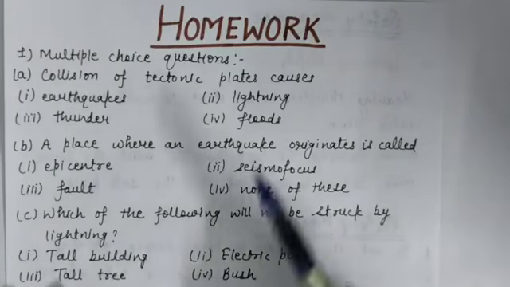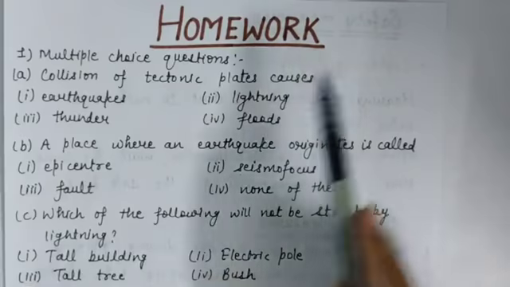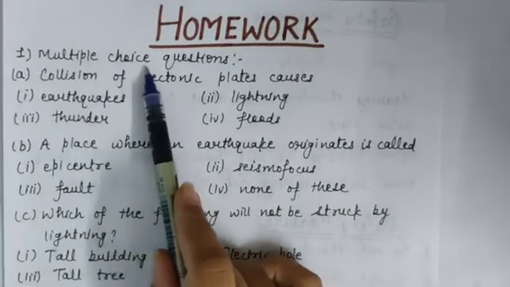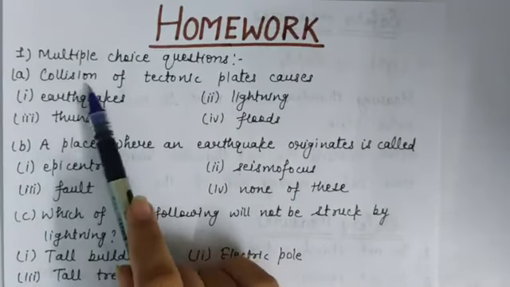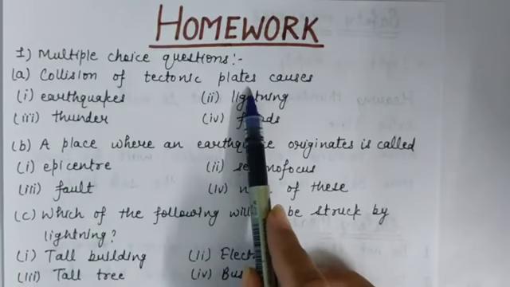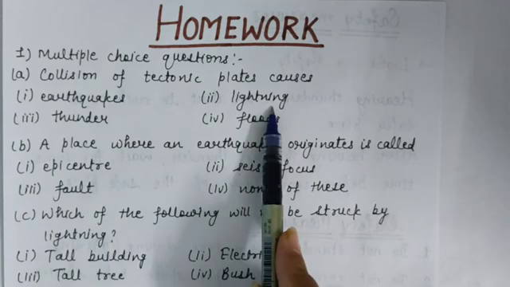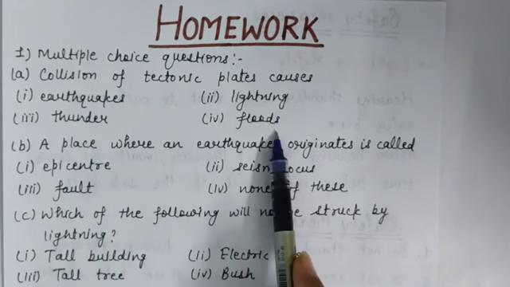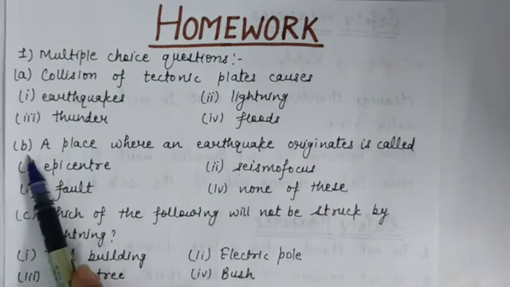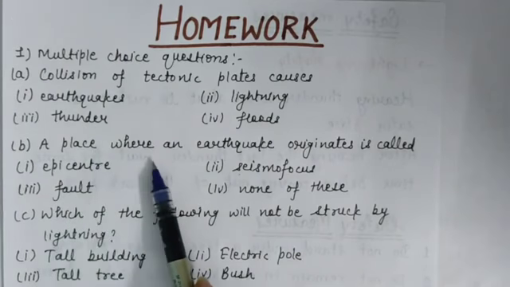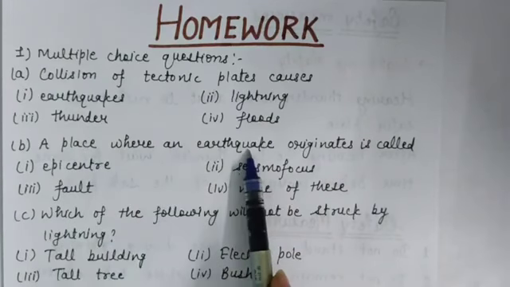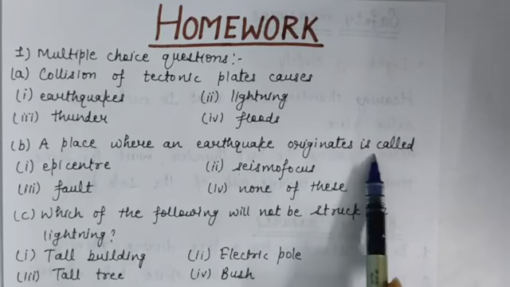So students, this is your today's homework. First question, multiple choice question. A part, collision of tectonic plates causes. Options are earthquakes, lightning, thunder or floods. B part, a place where an earthquake originates is called.